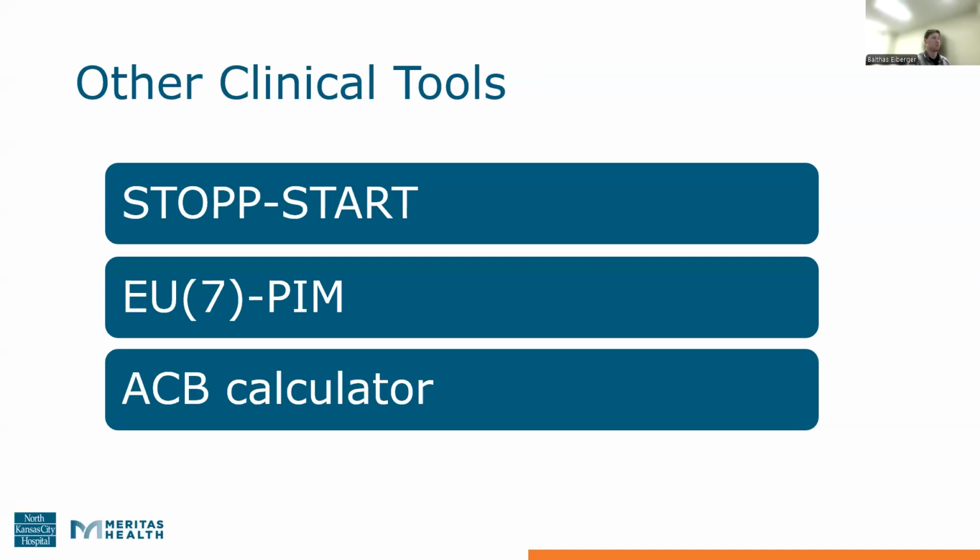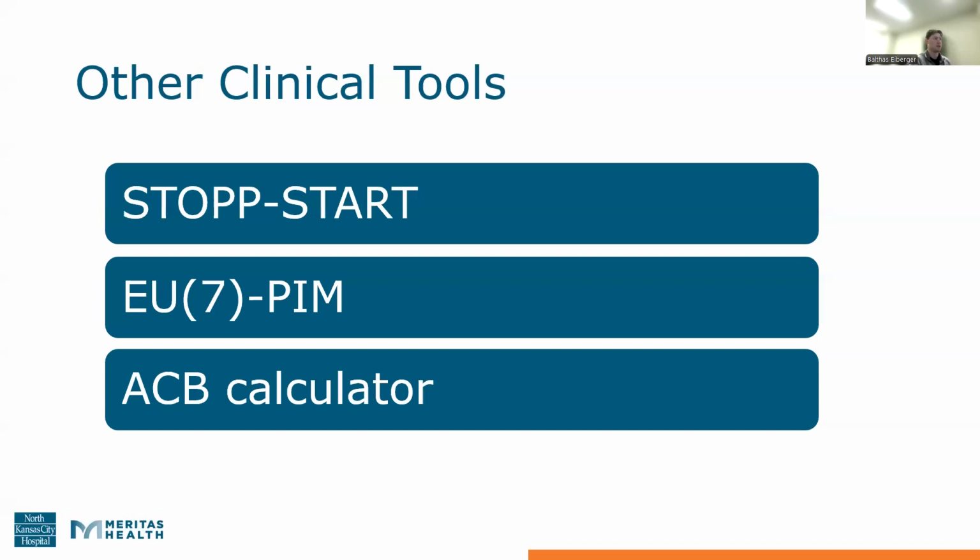The EU(7)-PIM is the European take on the Beers criteria. As a reminder, PIM stands for potentially inappropriate medication. So that's Europe's guidance on this.